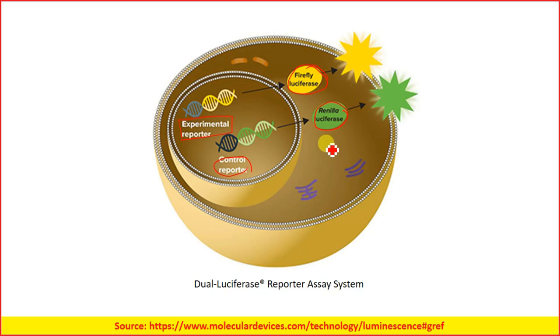Usually the ratio of this is either 1 is to 1 or 2 is to 1. So this is the experimental reporter and the control reporter.